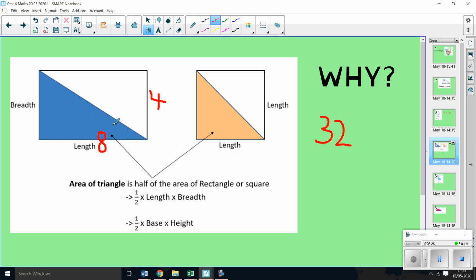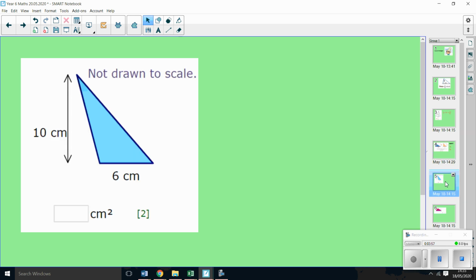So you would do for the triangle 8 times 4, which is 32, and then you half your answer, which would be 16. So that's just proving why we have to half our answer. We have to half our answer because it's half of what it would be if it was a rectangle. And the same thing works for a square. So it's just something to think about there, so we're actually understanding why we're doing it.